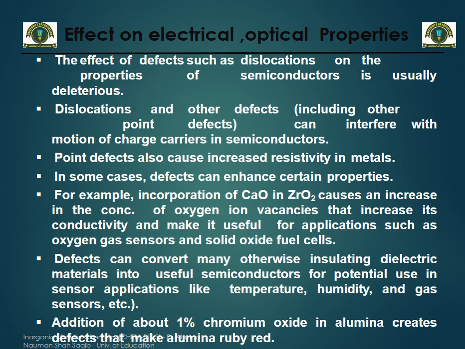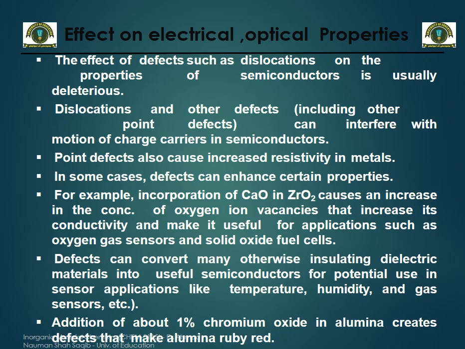In some cases, defects can enhance certain properties. For example, incorporation of calcium oxide in zirconium oxide causes an increase in the concentration of oxygen ion vacancies that increases its conductivity and makes it useful for applications such as oxygen gas sensors and solid oxide fuel cells.